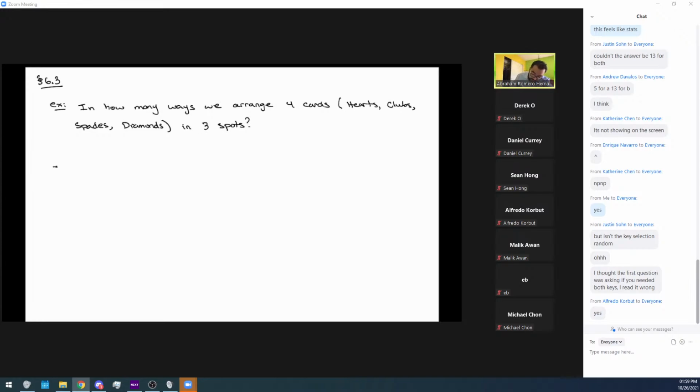And then we have the next example. In how many ways can we select 3 cards from a 4-card deck?